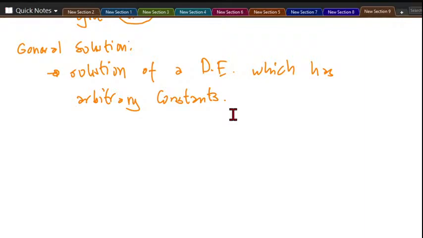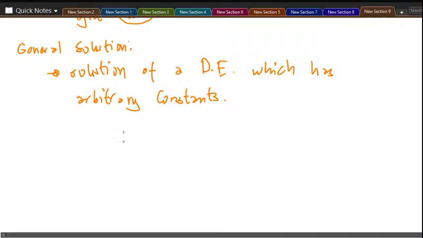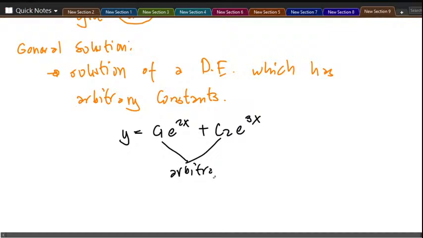For example, if we have the solution y is equal to c1 e to the x plus c2 e to the 3x, this is an example of a general solution, because in this solution we have the so-called arbitrary constants. These two, c1 and c2, are the arbitrary constants.